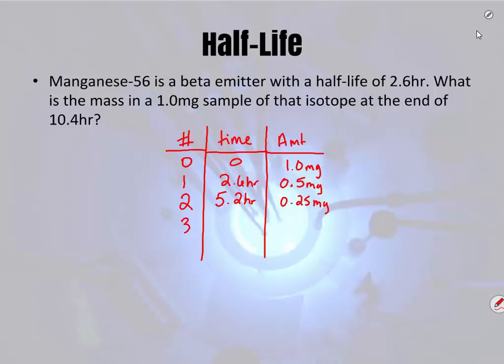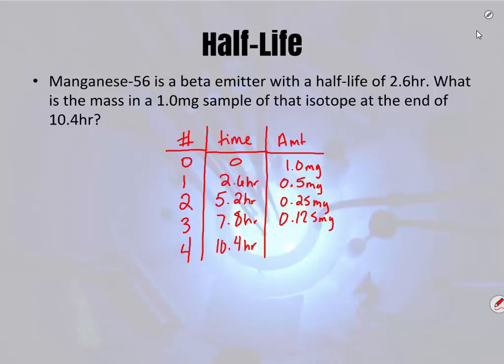So I'm going to go to another half-life. For 3 half-lives, I'm going to add another 2.6, so I get 7.8 hours. I'm going to cut my sample in half, so 0.25 divided by 2 gets me 0.125 milligrams. Still not at the right time, so I have to go to another half-life. After 4 half-lives have gone by, I add another 2.6, and I get to my 10.4.